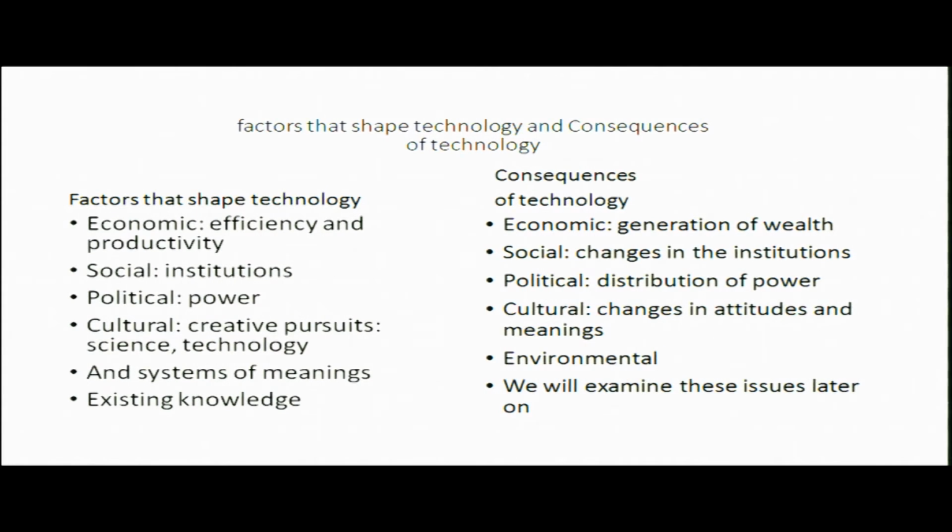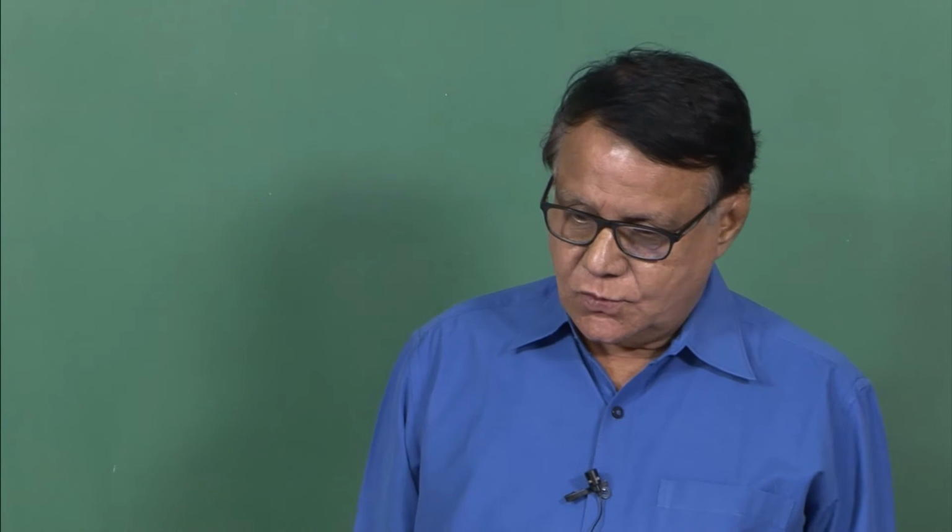And culture also includes systems of meanings, in the sense that sometimes the technologies which are created change the systems of meanings. And the existing knowledge also is useful sometimes in creating new technologies.